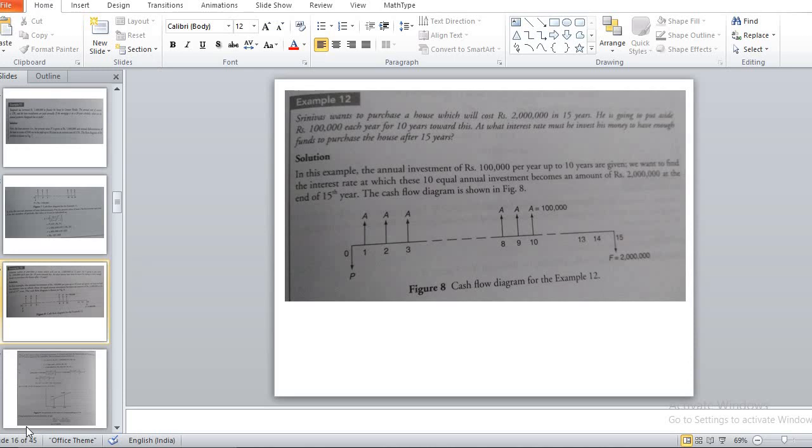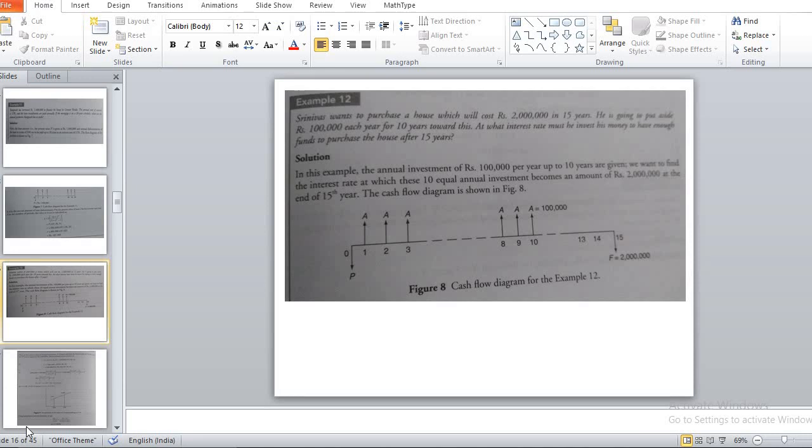So in this example they asked to find out that interest rate. For a given future value after some period of time, for that particular period and that particular principal amount, what will be the expected interest rate? That we have to find by this example.